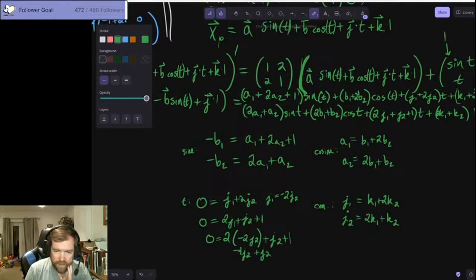It's going to be negative 3J2. Move it to the other side, so we get a 3. J2 is going to be equal to 1. Therefore, J2 is equal to 1/3. And if J2 is 1/3, then we get J1 is going to be negative 2/3.